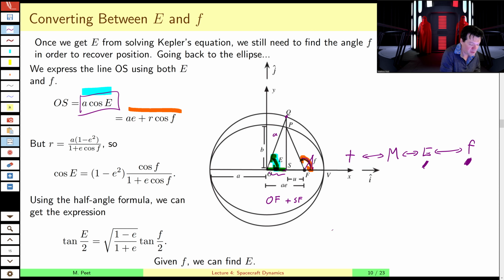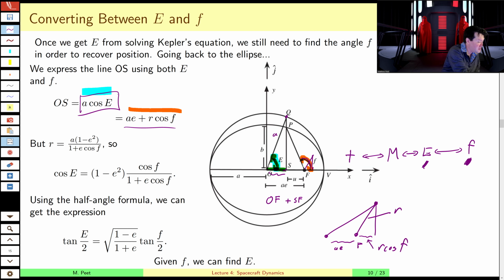So we should really redraw this here. Here's our point, there's a focus, there's a center, and dropping down here, this length is ae, and this length is r cosine F. It's normally pointing in this direction, and when you get greater than 90 degrees, it has a negative sign, so that's why we have a plus there. So, two parts.